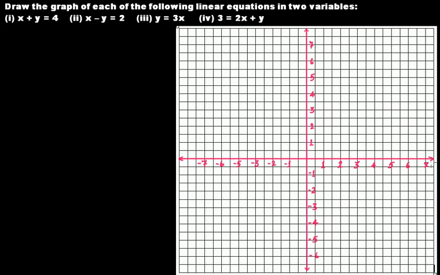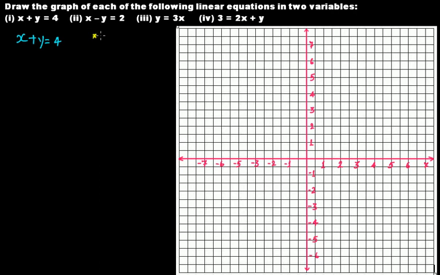The horizontal axis is the x-axis and the vertical axis is the y-axis. And let's take this first equation, that is x plus y equal to 4. Now we know that the graph of a linear equation in two variables is always a straight line. If it's a straight line, you have to check two things: what point the line will pass through on the x-axis and what point the line will pass through on the y-axis.